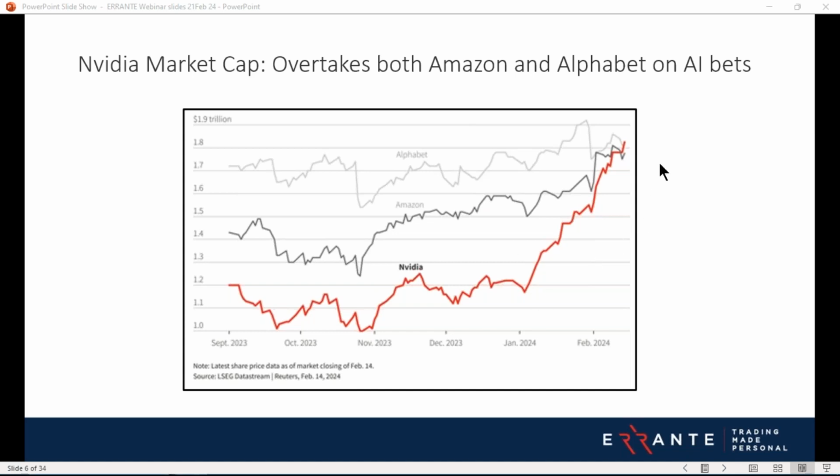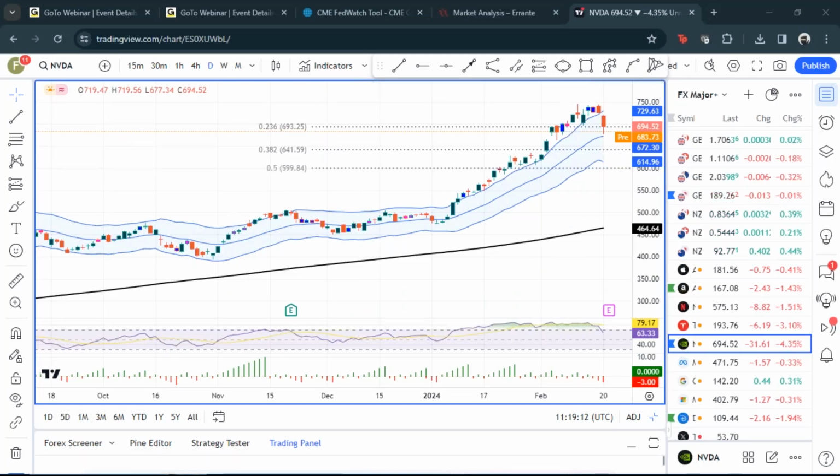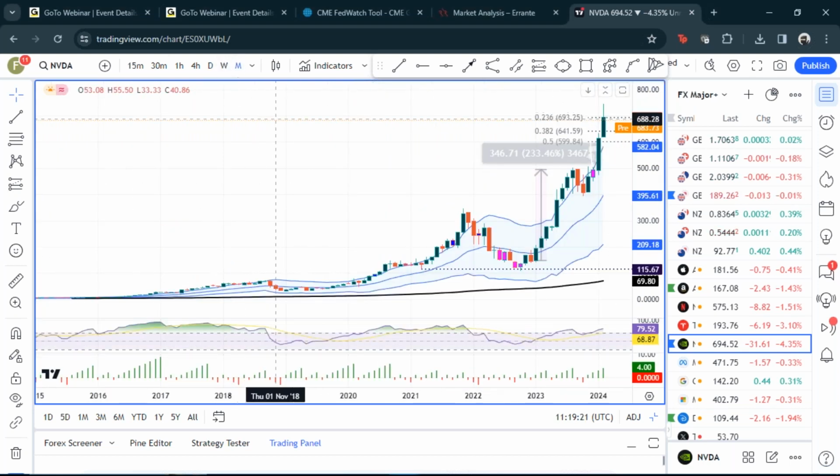It's worth pulling up the Nvidia stock price chart, which hopefully you can see now. Of course, consecutive weeks of gains. If I pull up the weekly, you can see that was the gain from last year, 233%.